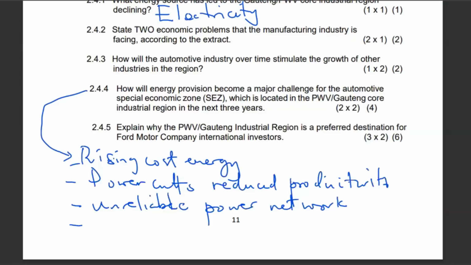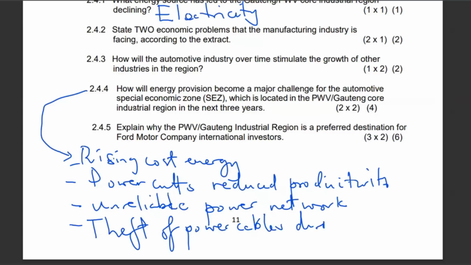So because of some of those problems, we'll end up having a challenge for the automotive industry in the next 3 years. And also because of power cuts, we can also have a factor of theft of power cables. Theft of power cables will disrupt power provision.